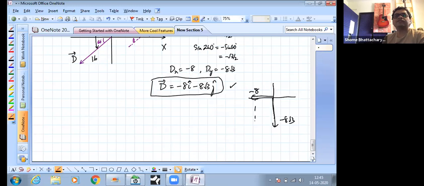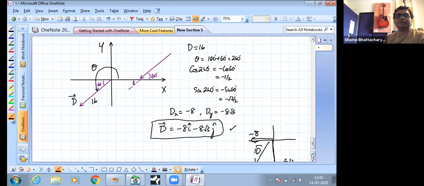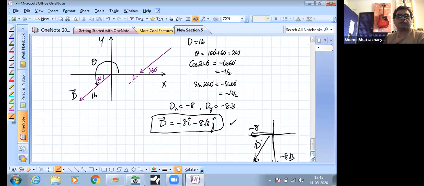So the vector D itself will be like this one. But if I got one of these wrong, you would have pointed the vector D in some other direction, and it would not have matched the original vector that we are trying to write in component form. That is why it is necessary that we get the correct algebraic sign when we are doing this component notation.